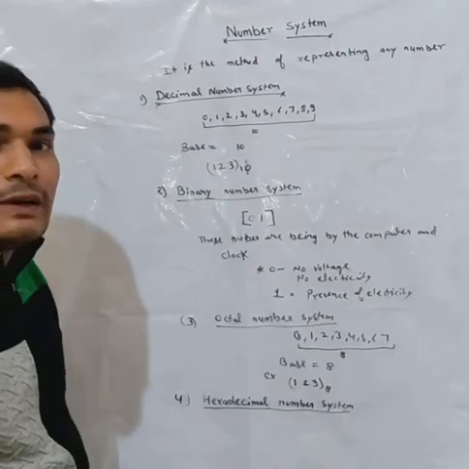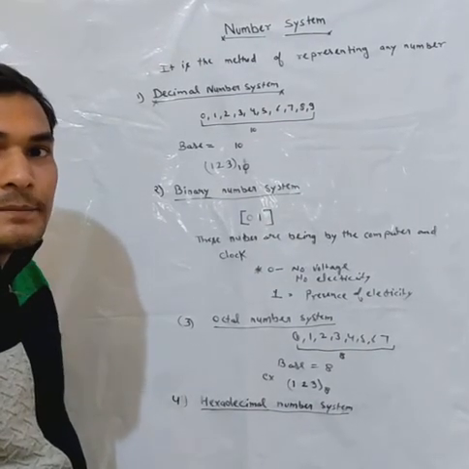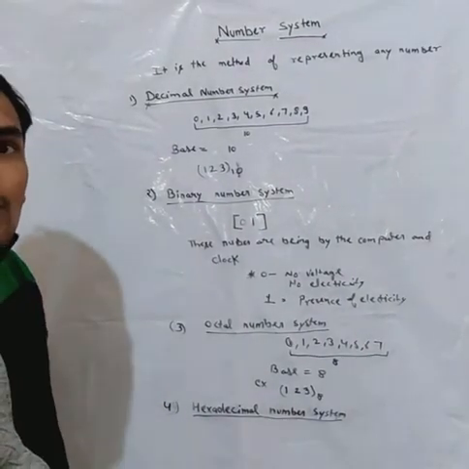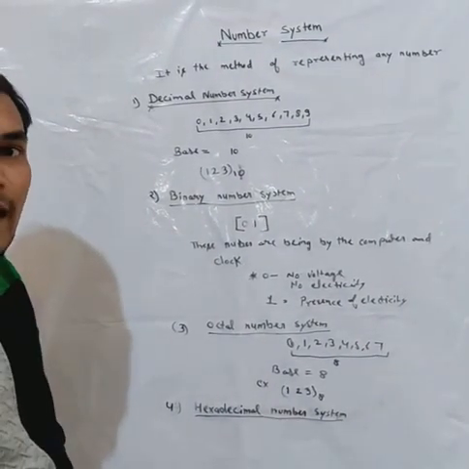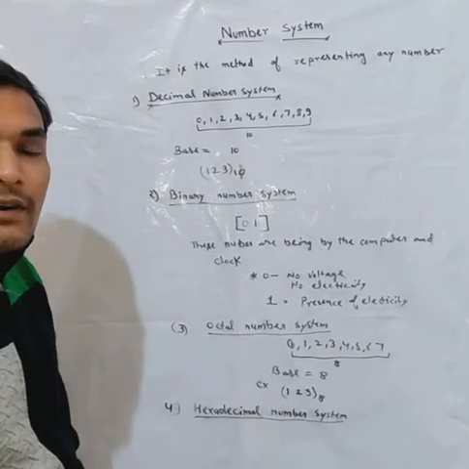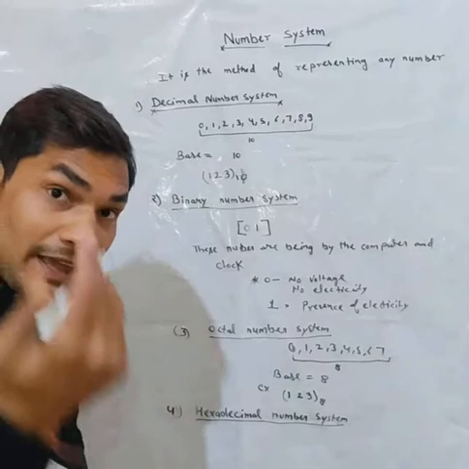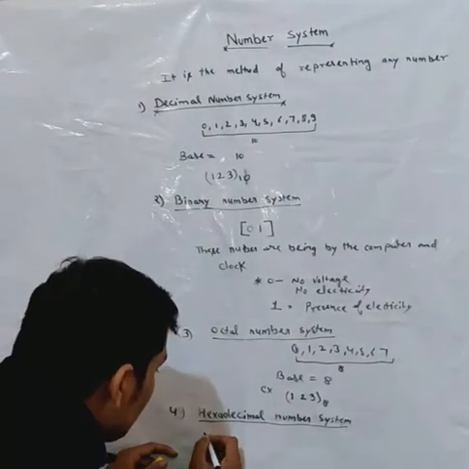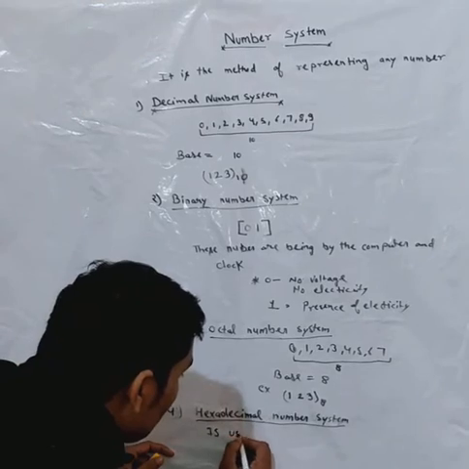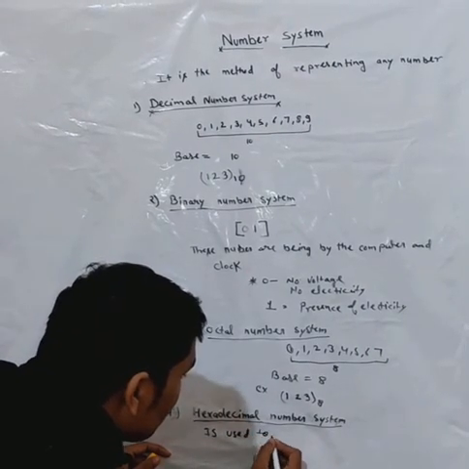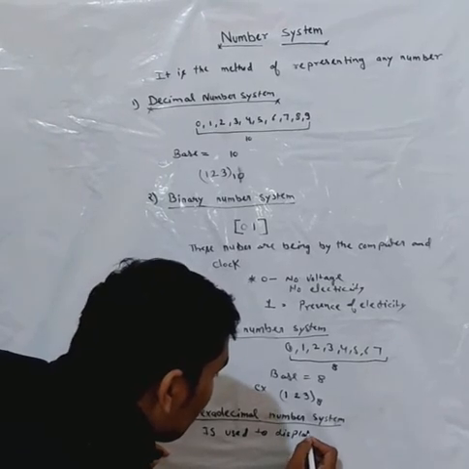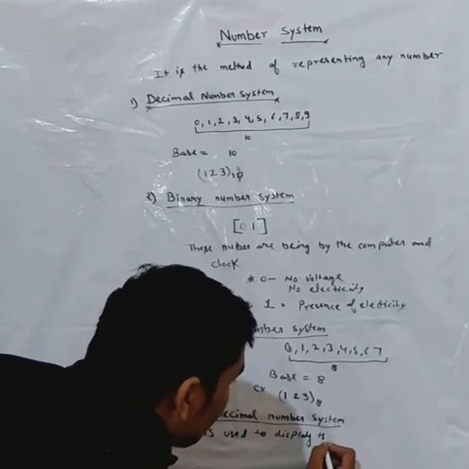And the fourth one is hexadecimal number system. In this number system, we use numbers and alphabets. These hexadecimal numbers are used to display the error.